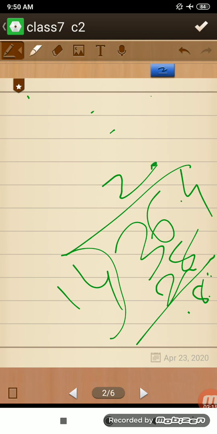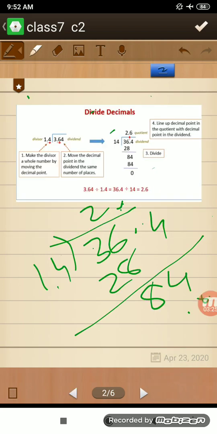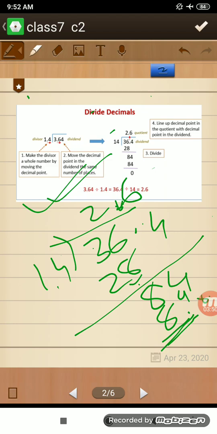So it will be 2 point. Now continue. Line up the point here and here, remainder 8 and 84, 14 6s are 84. So using these steps you can divide decimal numbers by other decimal numbers.